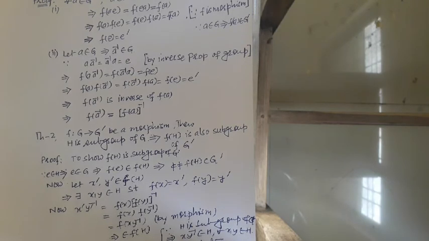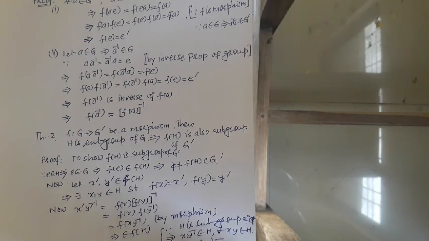Since e belongs to H, so e belongs to G also, because the identity of the subgroup and the group are the same. So e belongs to G. f of e also belongs to f of H. By the definition of f, this shows that f of H is a non-empty subset of G dash. The first requirement to be a subgroup is satisfied.